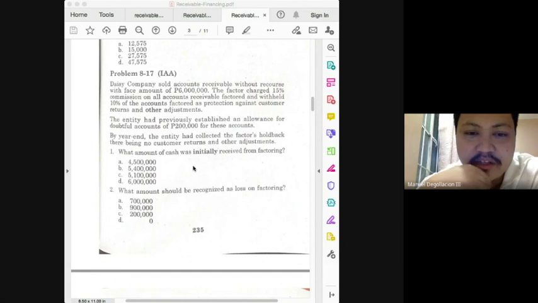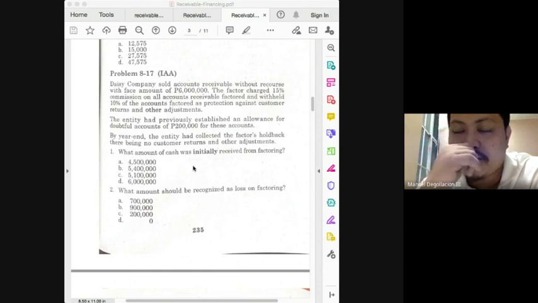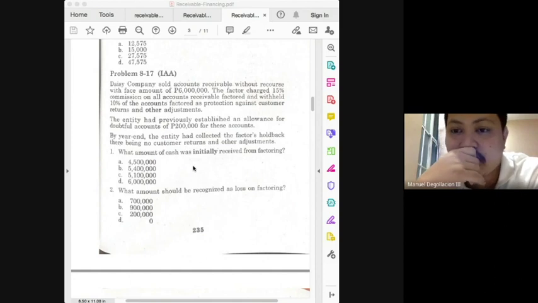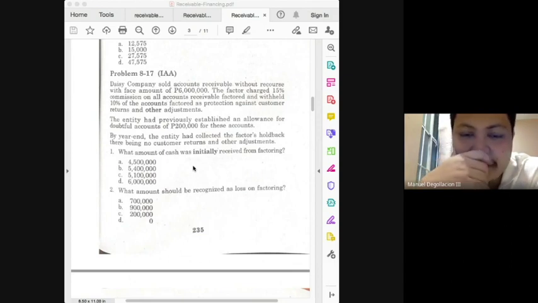The carrying amount, the book value of this receivable, is only 5,800,000. The proceeds we were able to get amounted to 4,500,000. So 5,800,000 minus 4,500,000 will give you 1,300,000.